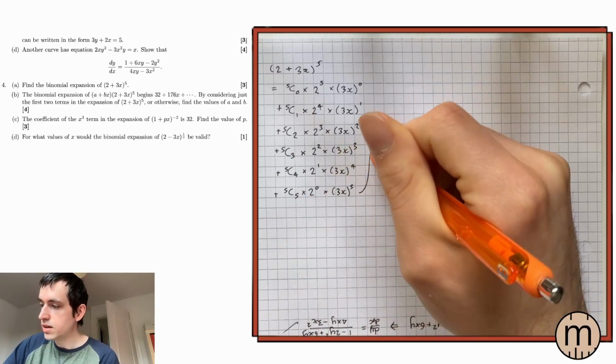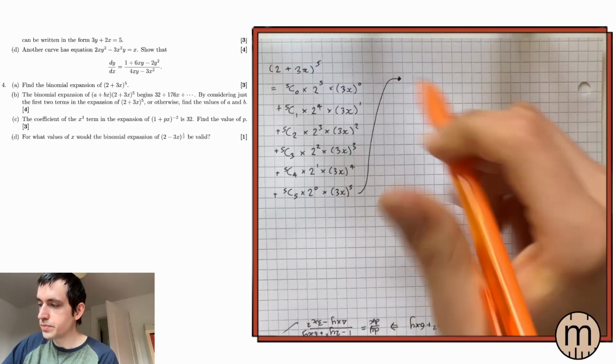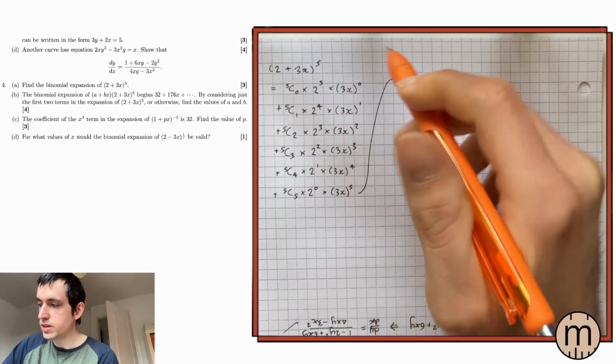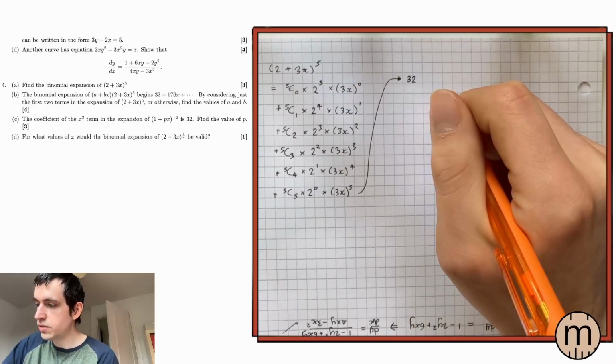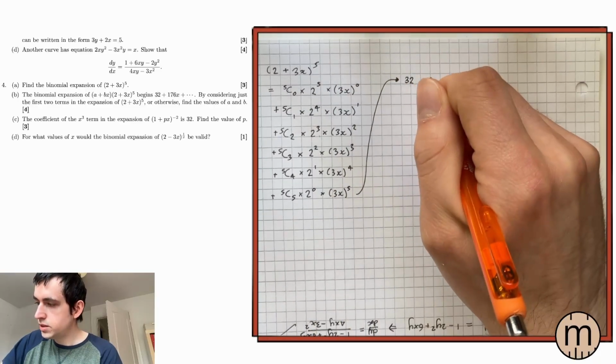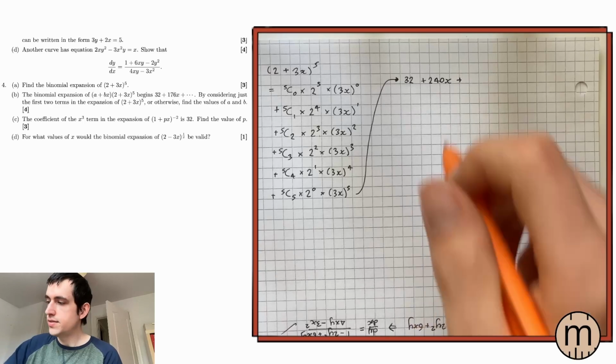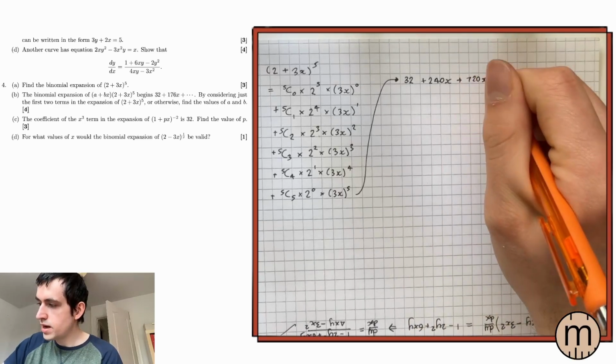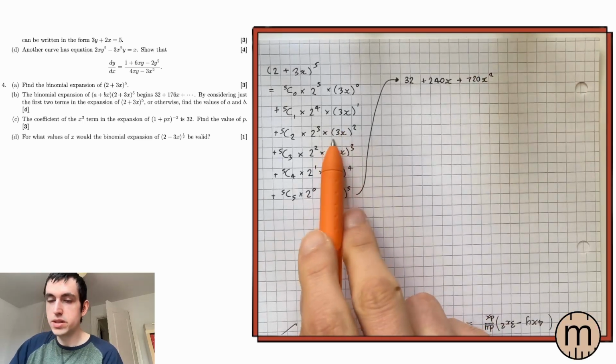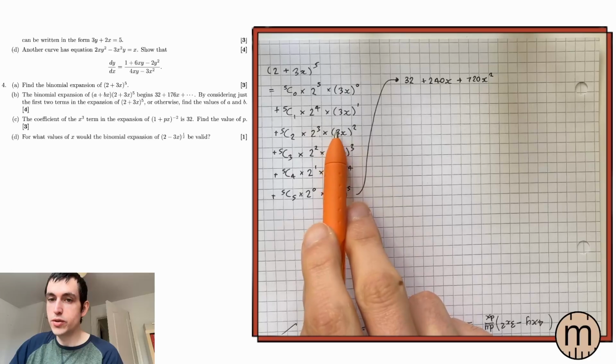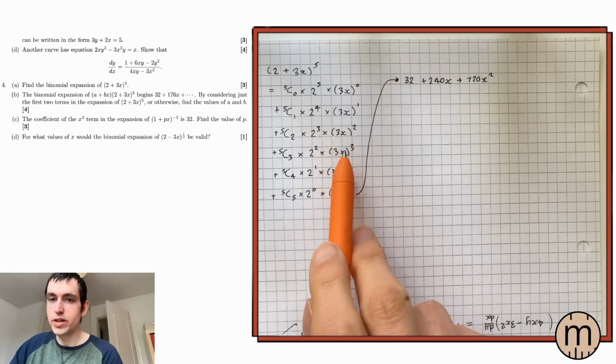Simplify all these. Let's see what we get. As I say, that's just 1, so that's going to be 32. The next term is 240x, then 720x squared. Common mistake here is not putting the 3x in brackets, so make sure that 3 is squared when you do the coefficient.